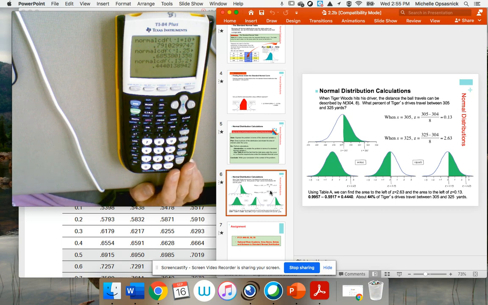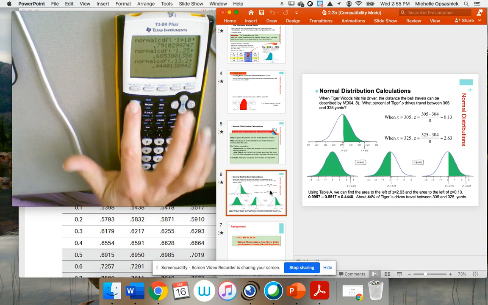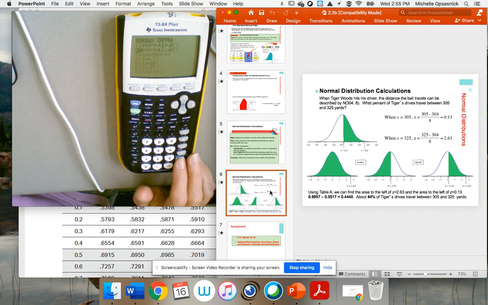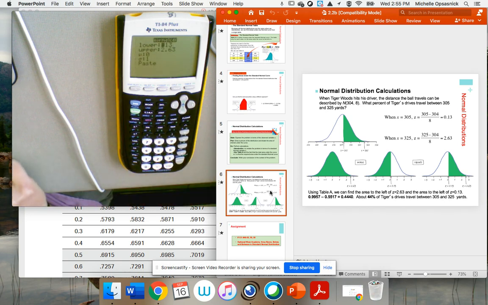If I had a multiple choice question, or if I just wanted to check my work, I thought maybe I made a mistake somewhere on the way, I can use that normal CDF function with the mean and standard deviation in this Tiger Woods scenario. So I want to know how likely it is that the ball travels between 305 and 325.